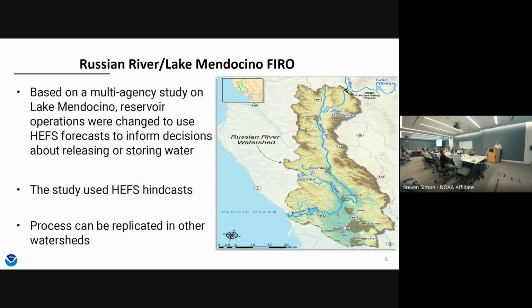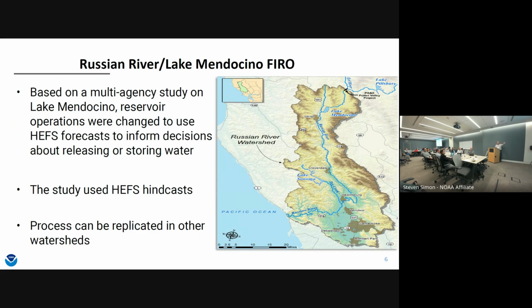So in the next talk, you're going to hear a similar, more in-depth talk about one of these sophisticated users, but this one's a good one too. I'll start with this. Russian River, which feeds Lake Mendocino. That's an example of forecast-informed reservoirs. This lake is on the Russian River, just north of San Francisco, if you're familiar with it.